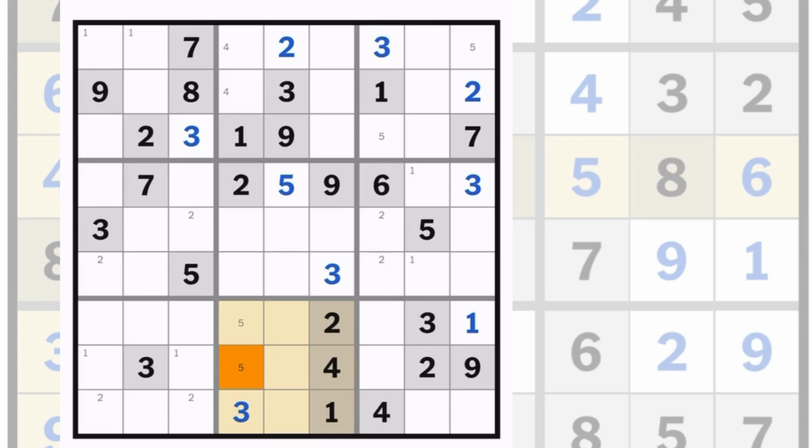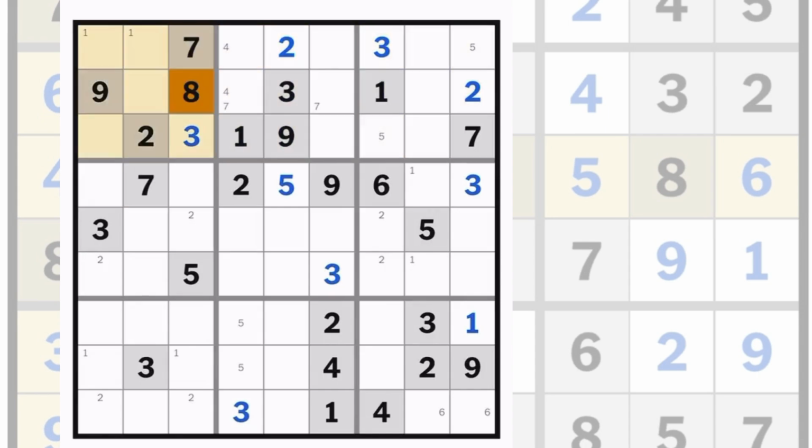So we move to the next number, which is 6. So you get two cells here where 6 is a likely candidate. Then we move to 7. So these are the two cells where 7 is a likely candidate.